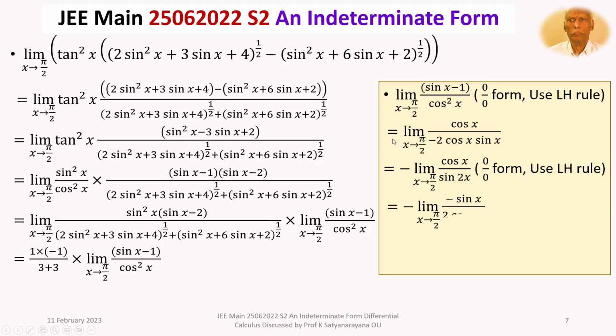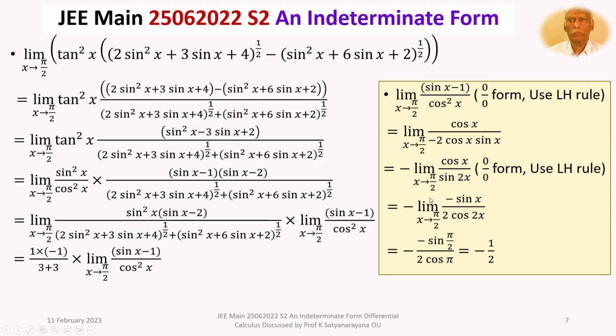Then this is equal to limit x tends to pi by 2 of the derivative of sin x minus 1, which is cos x, by the derivative of the denominator, which is minus 2 cos x sin x, because the derivative of cos x is minus sin x. This minus we have taken out. Limit x tends to pi by 2 of cos x by sin 2x.